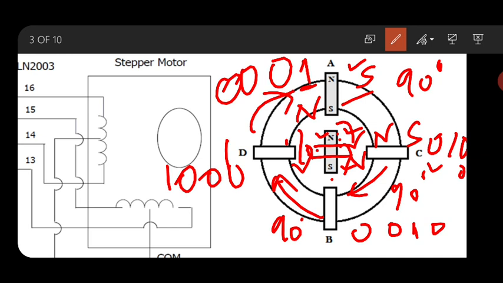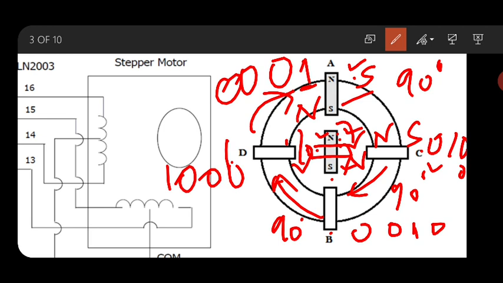Total how many degrees has it taken? 360 degrees. So depending on the electrical signals you apply to A, B, C and D, the rotor will move clockwise or anti-clockwise. Now look at this one. How did I rotate? I rotated from A, C, B and D. We call it a clockwise direction.